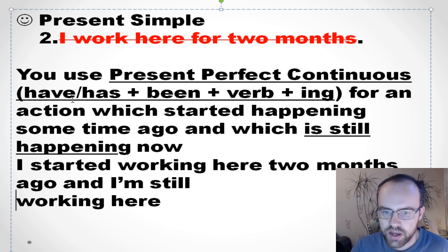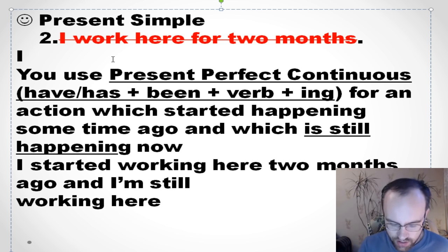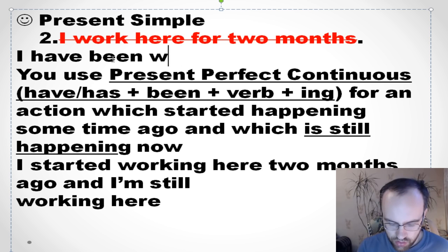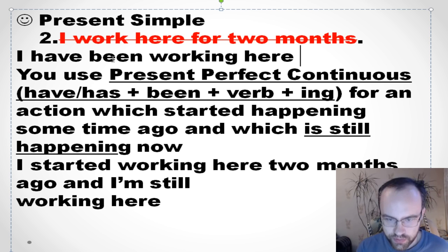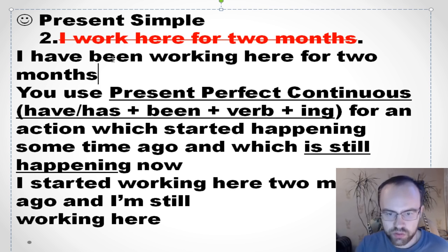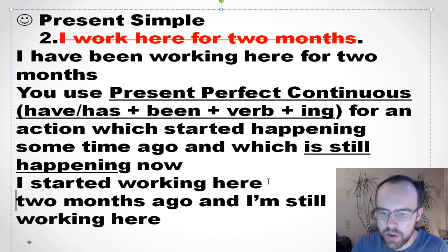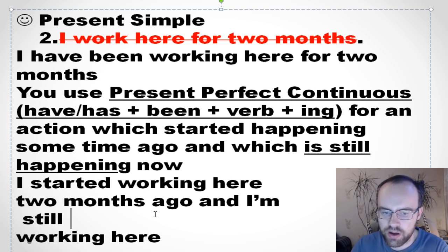Look, have or has been plus verb plus ing. So you need to say, I have been working here for 2 months. I have been working here for 2 months. Okay, so it's much better now.